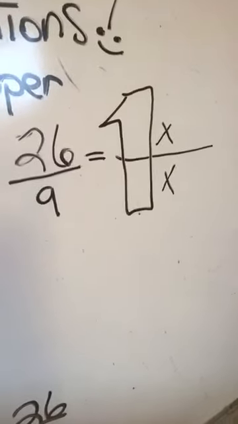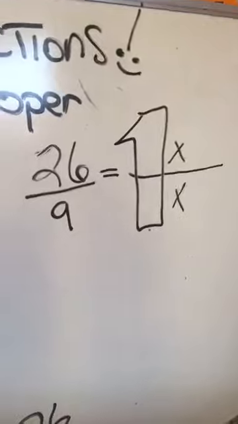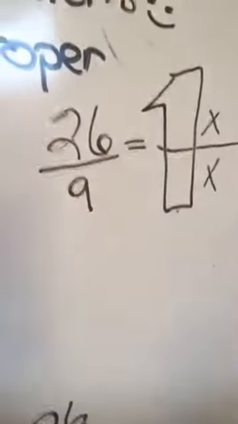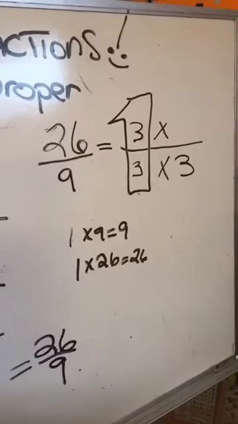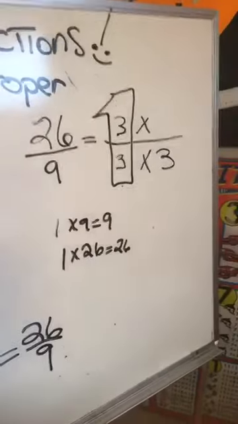What multiplication factor can we multiply in the numerator and the denominator to get both results or both answers? Anything times 3 that would give me 26.